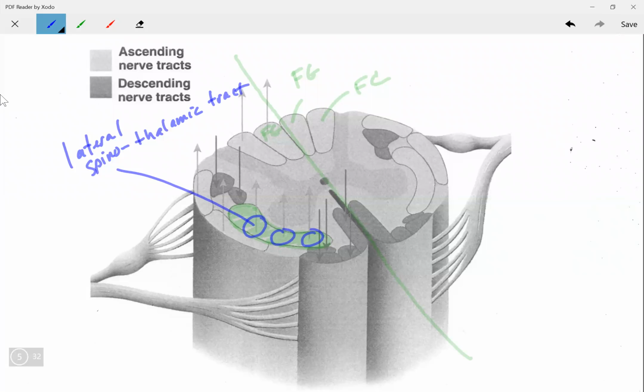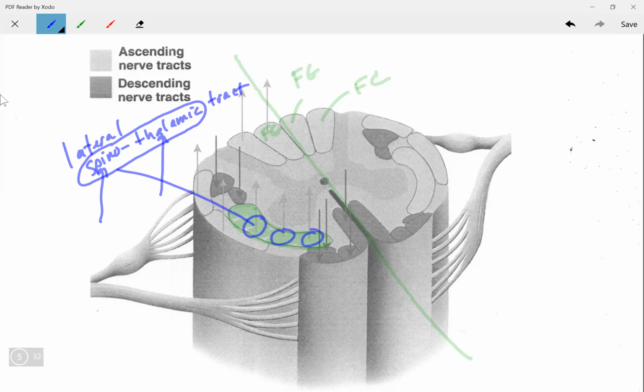All right, this word right here, spinothalamic, is letting you know just from the word alone that it is ascending or afferent, because it says spine to thalamus.